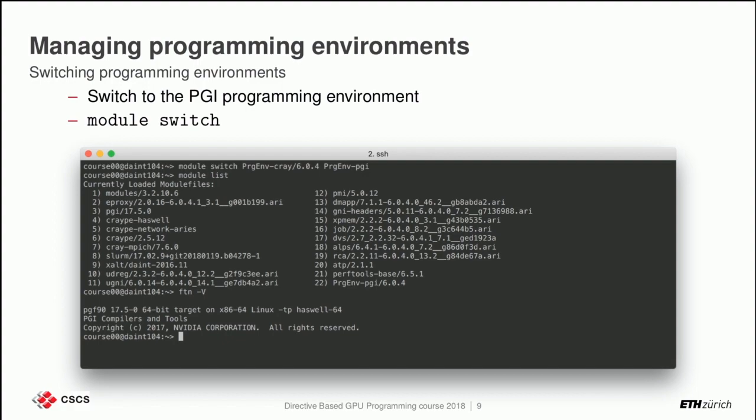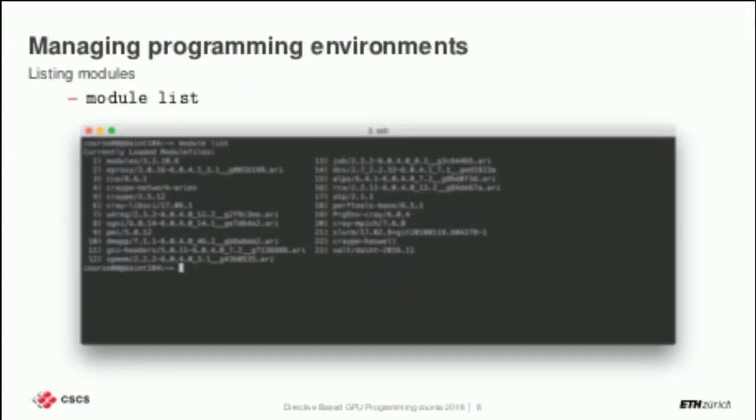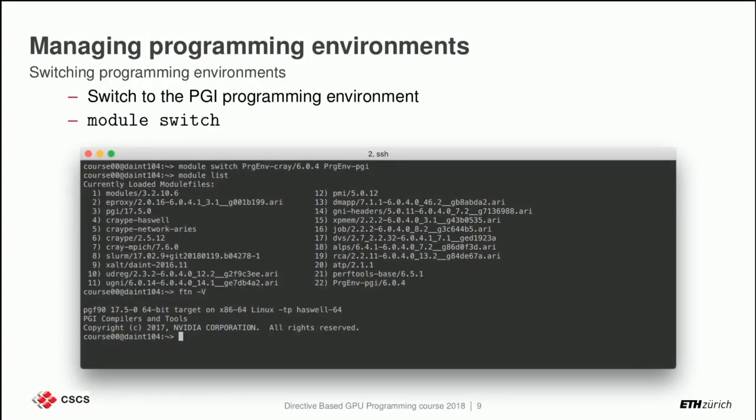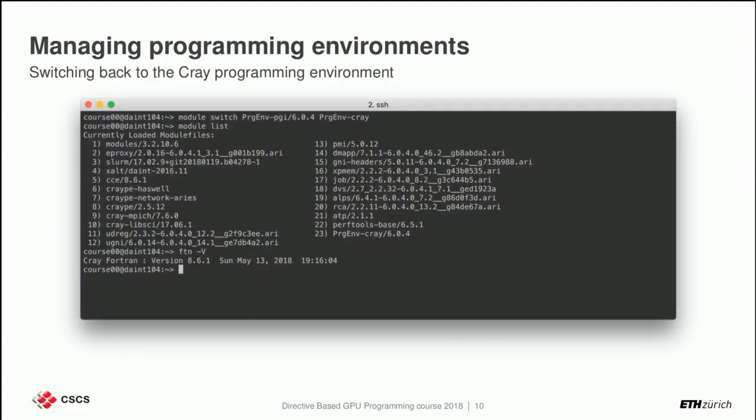So you see the module switch does all this. Also, now ftn points to the PGI Fortran 90 compiler, whereas before it did not. Now I switch back, and you see that ftn points to the Cray compiler.